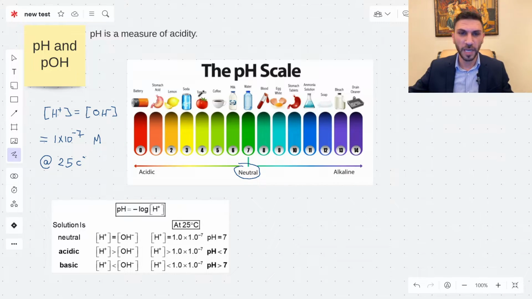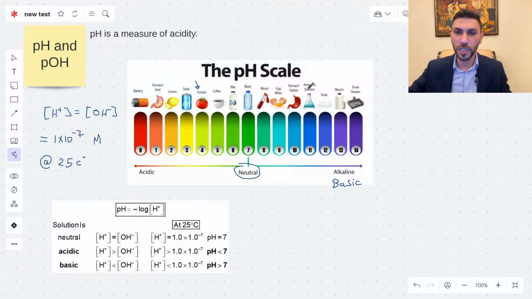So, for example, if you look at the tomato here, you will find that it has a pH of 4. That means it's acidic, because all the solutions that have pH lower than 7 are going to be acidic. And all the solutions that have pH greater than 7 are going to be alkaline or basic.